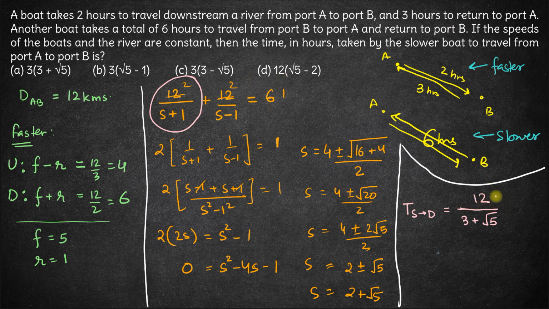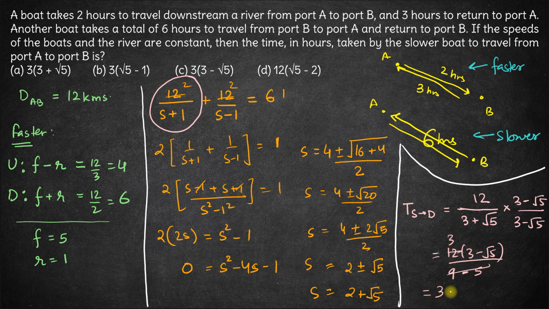Now since there is no option in this form, let's rationalize this. We can rationalize the denominator by multiplying and dividing the whole expression with 3 minus root 5, the conjugate of 3 plus root 5. So this becomes 12 times 3 minus root 5 upon, this is a plus b into a minus b, so this becomes a square 9 minus root 5 square 5, which is 4. 9 minus 5 is 4 and 12 by 4 is 3.